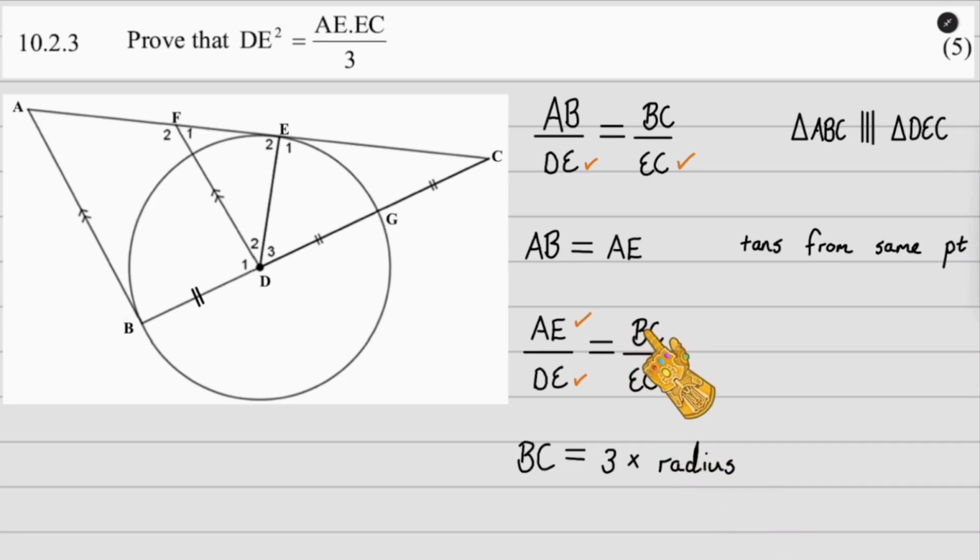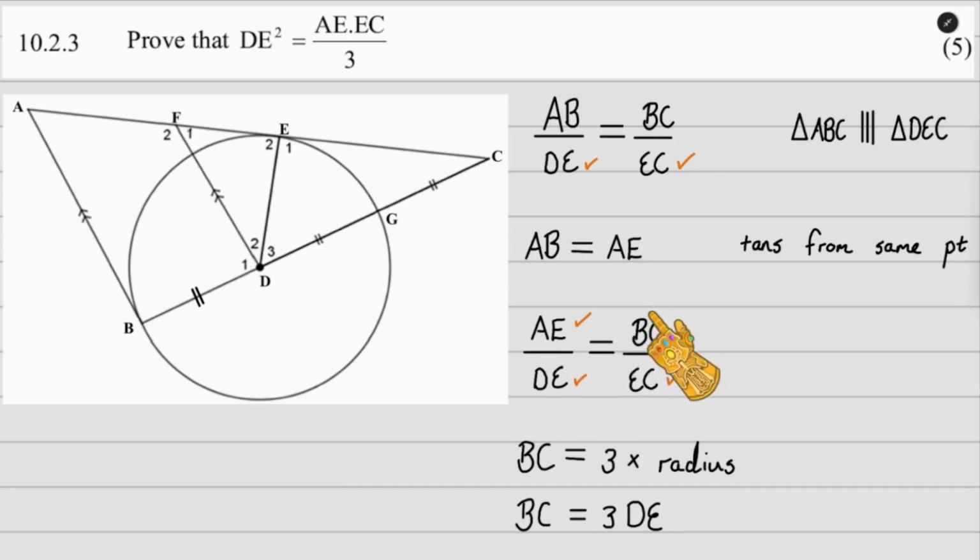Over here, I don't want BC. I'm going to want another DE so that I can multiply DE times DE to get DE squared. And we can see that DE is a radius, my chum. So we're going to replace this radius with DE, just like that. BC equals 3 times the length of DE.